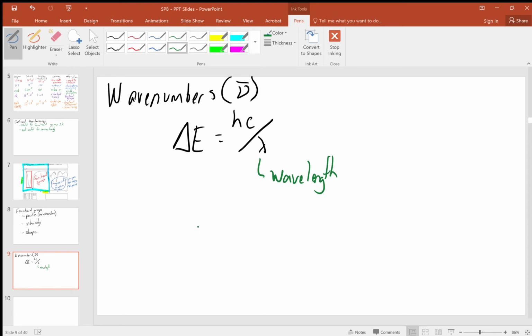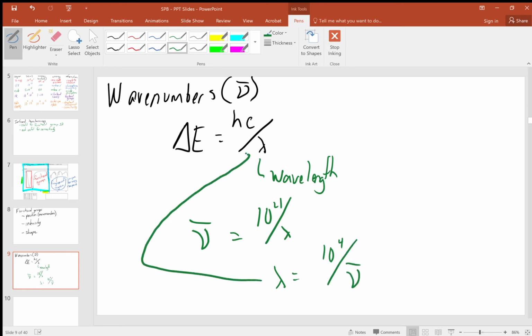Now, wave numbers are defined as 10 to the fourth divided by lambda. So if we substitute, we can solve this for lambda. Lambda is equal to 10 to the fourth over the wave numbers.